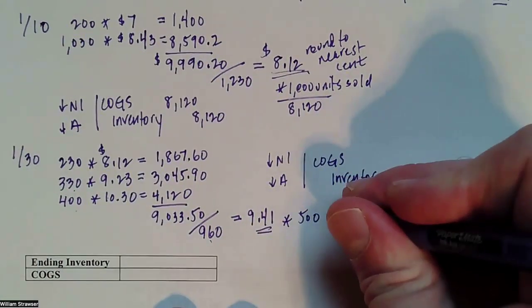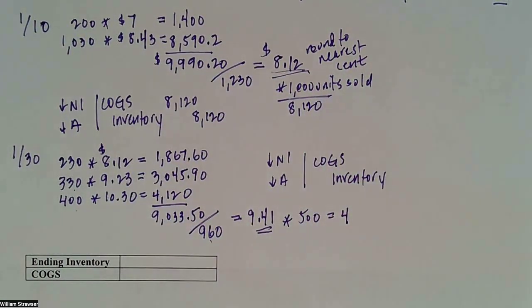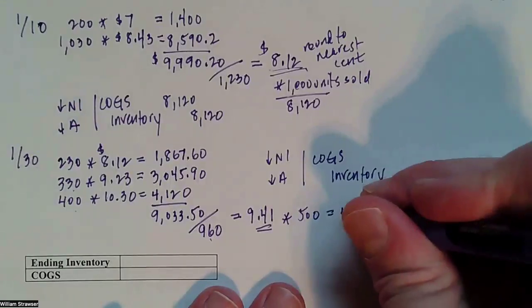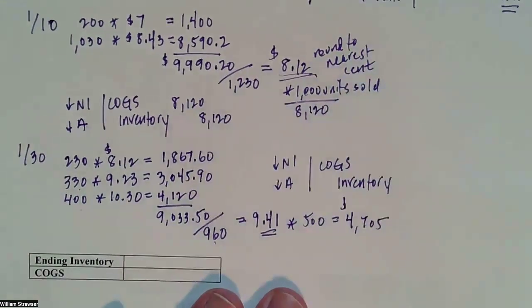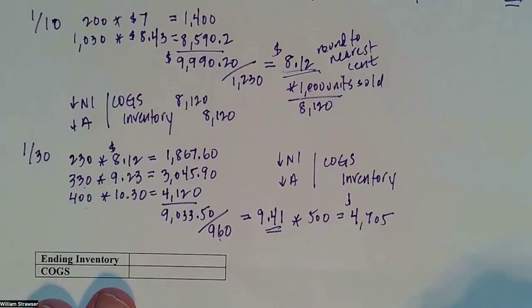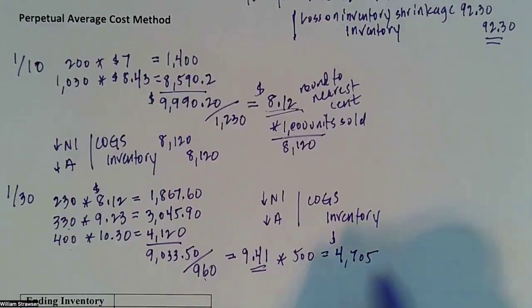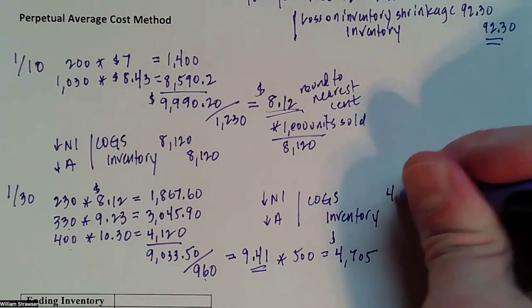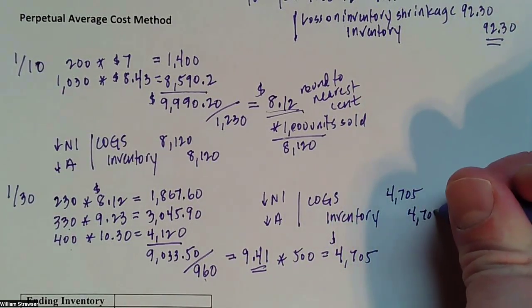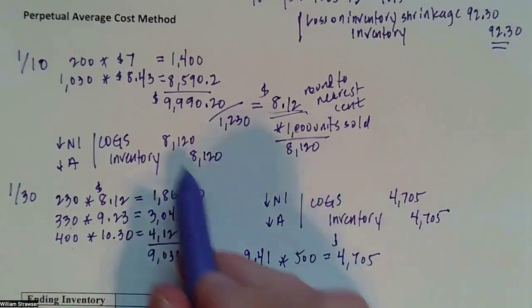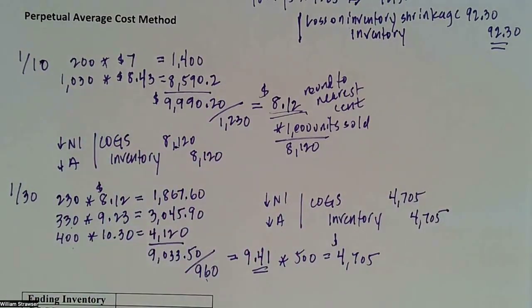Gives me 4,705. All right. So I got a cost of goods sold of 4,705 there, and a cost of goods sold of 8,120 there.